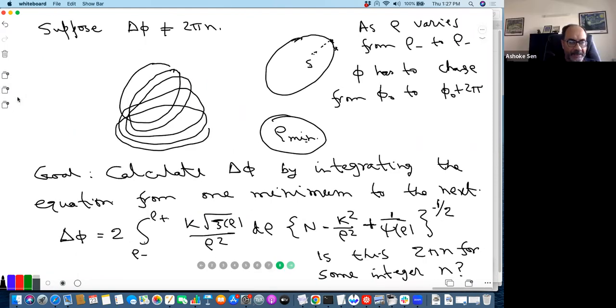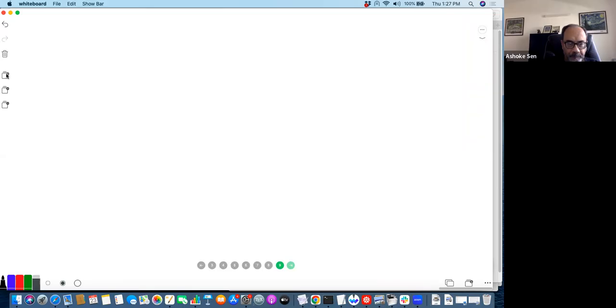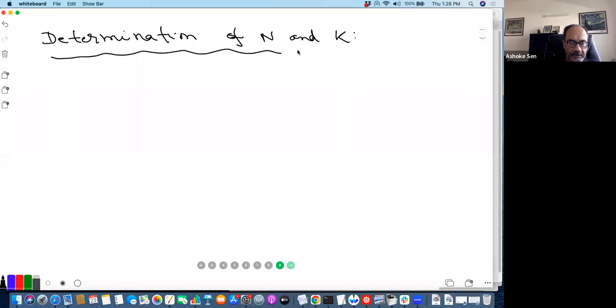Okay, so let me just say how the integration constants are determined, and then maybe actually do the integral tomorrow. So, determination of n and k. Here we basically use the fact that d rho by d phi is 0 at rho equal to rho plus and rho minus.